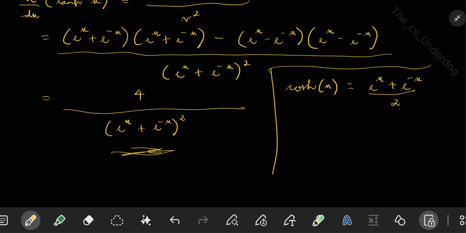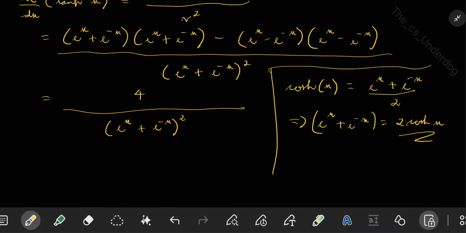Cos h x, which means e power x plus e power minus x, can be written as 2 cos h x, right? This e power x plus e power minus x here can be substituted with 2 cos h x. So instead of this, I'll put here 2 cos h x.